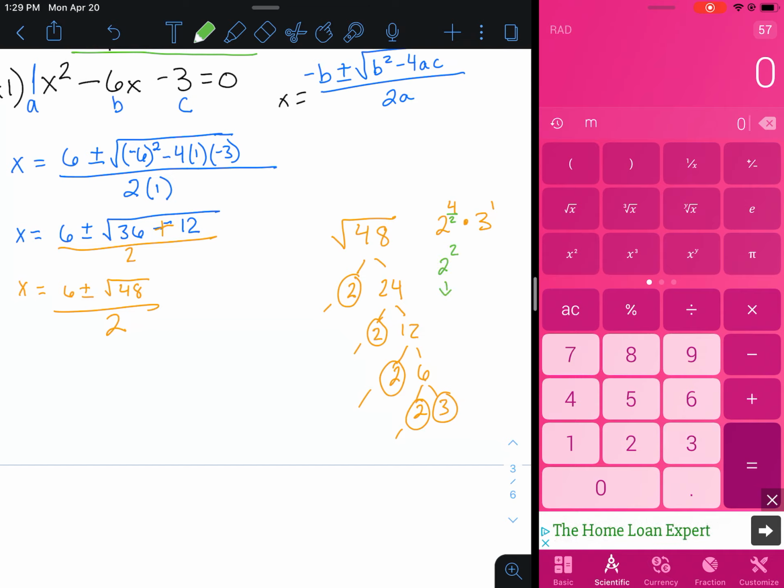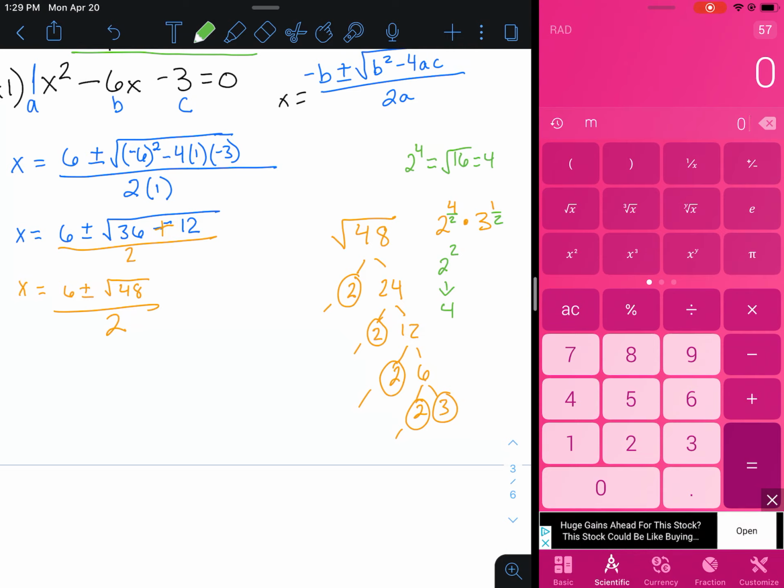So this would be 2 to the second, because 4 divided by 2 is 2. Now, if I didn't know that, I could do 2 to the 4th, which is 2 times 2 times 2 times 2, is 16. If I take the square root of that, that gives me 4. Now, 1 over 2, that's a half. So that means that my square root of 3 is going to remain there.